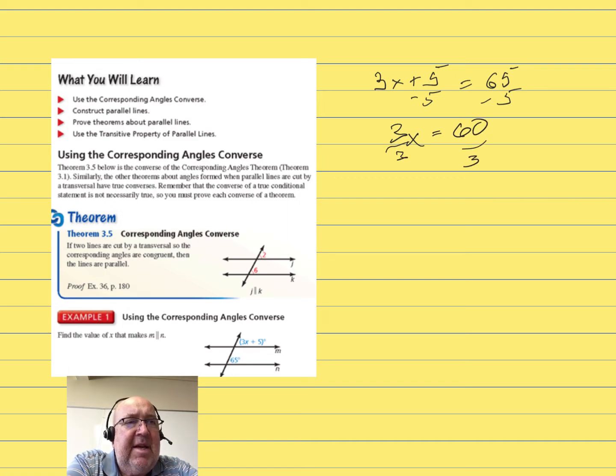Divide by 3, we get x is equal to 60, or 20, excuse me. X is equal to 20. So 20 is the value of x that will make lines L and K parallel. So that means that both sides would be equal to 65.